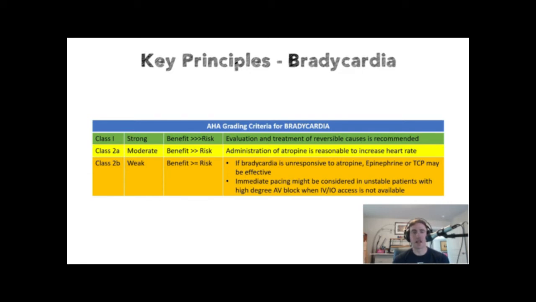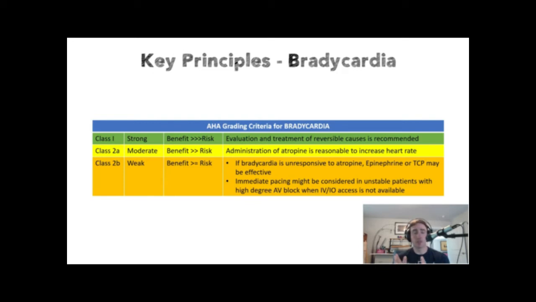Now, their class 2A recommendation is that atropine is reasonable to increase the heart rate. This is something that you've learned in your paramedic program, right? You're going to administer atropine while you're preparing the pacing pads. And if atropine doesn't work, then you're going to transcutaneously pace this patient.